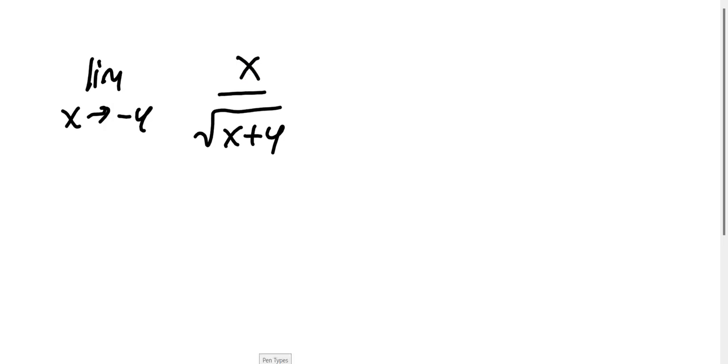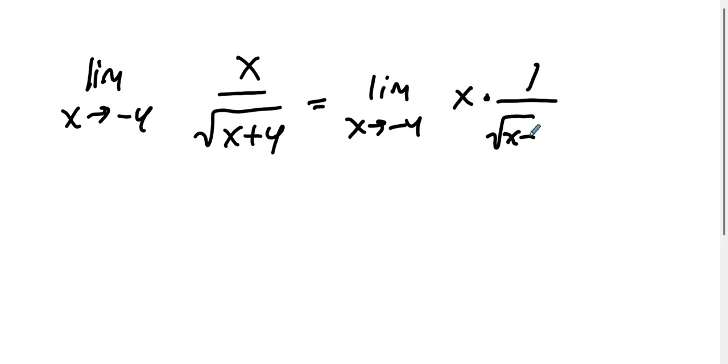So with this function specifically, let's make it a little bit easier to understand. This is going to be equal to the limit as x approaches negative 4 of x times 1 over square root of x plus 4. So we're going to have to take the right and left-handed side limits.